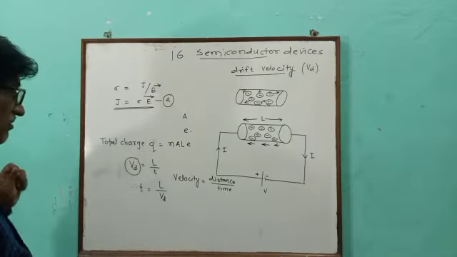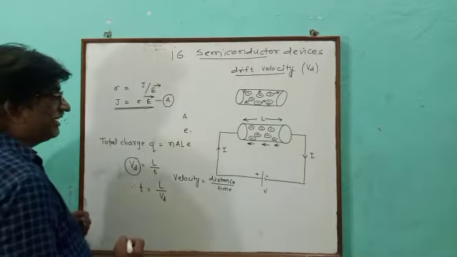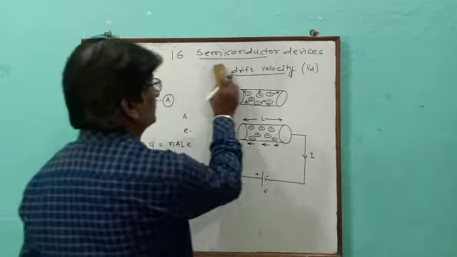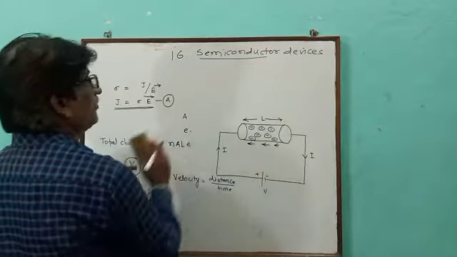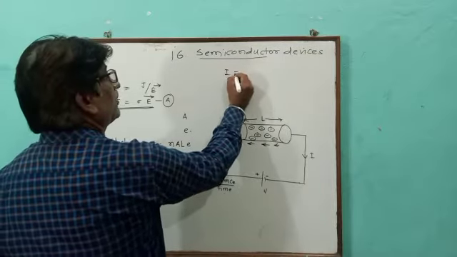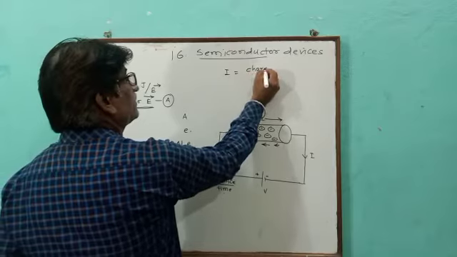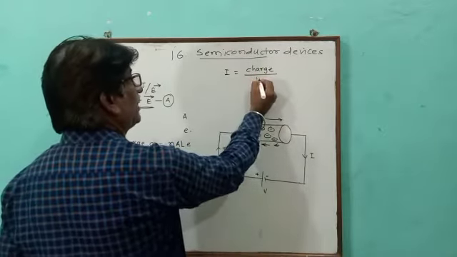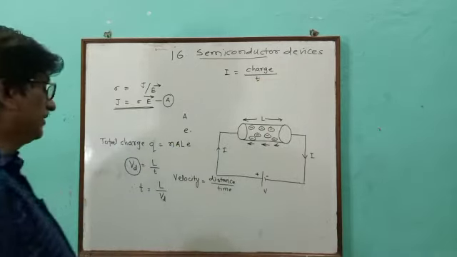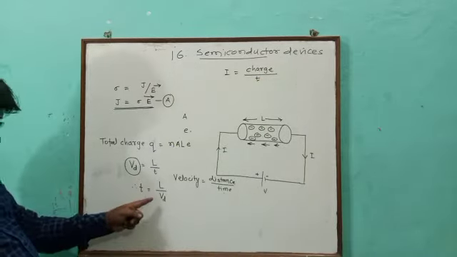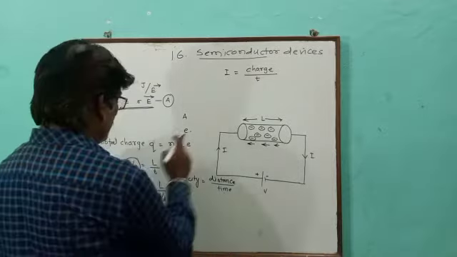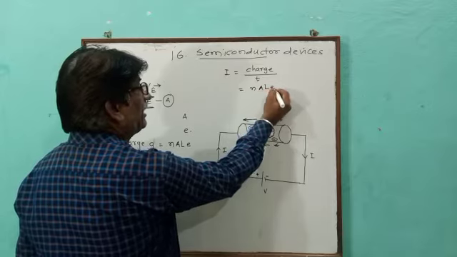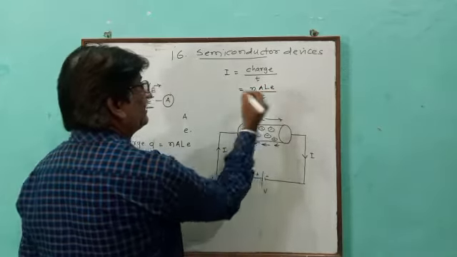We know the definition of current, that is the rate of flow of charge. So current is the charge flowing inside the metal upon time. Time is L upon Vd, and total charge is N A L e, so current is N A L e upon t.